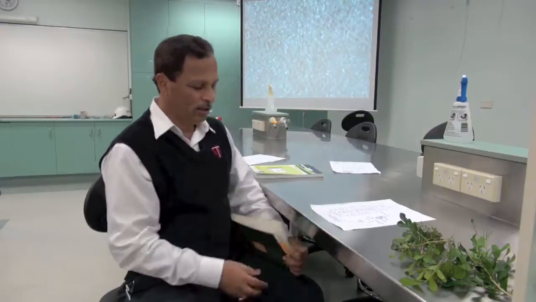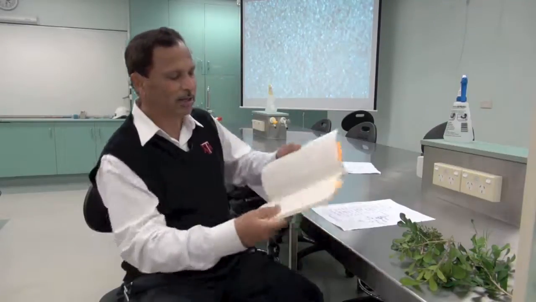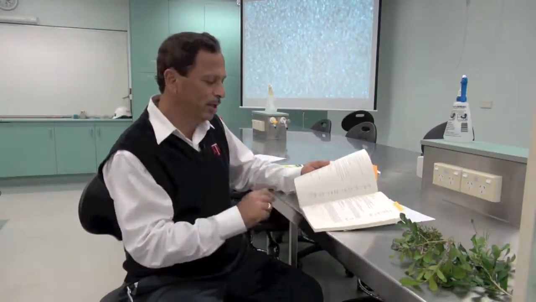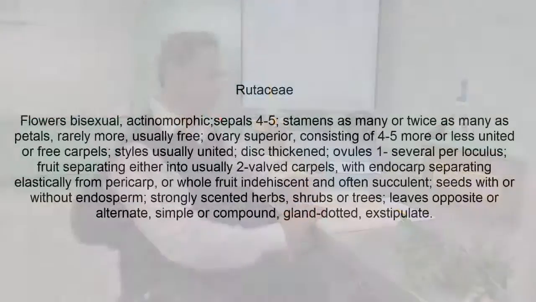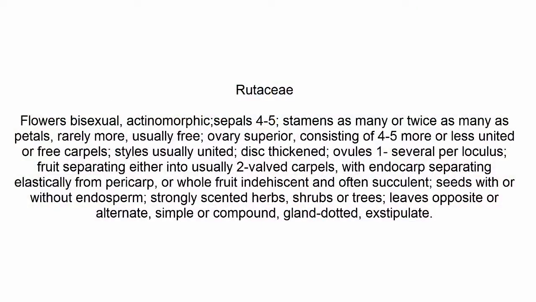The next thing is go back to the Rutaceae in this book or in the identification manual, whatever it comes up there, and then start reading the description of the family Rutaceae. In this case, it says flowers are bisexual, actinomorphic, sepals are 4 to 5, stamens as many or twice as many as petals, rarely more, usually free, ovary superior, consisting of 4 to 5, more or less united or free carpels.